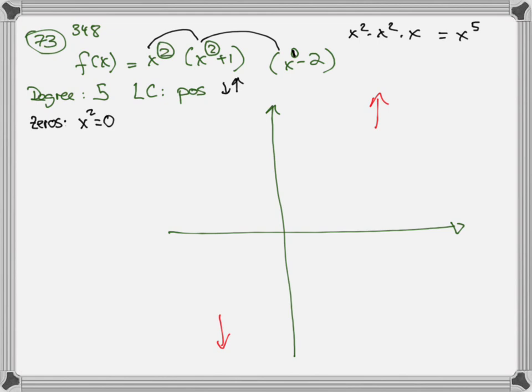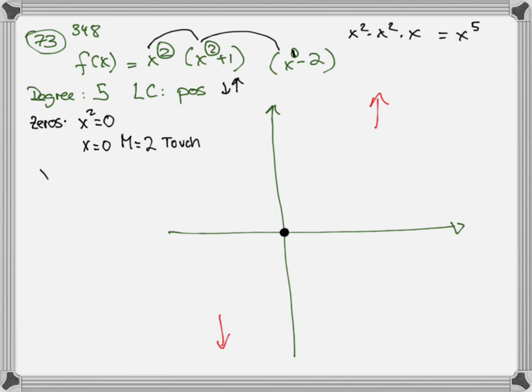If you set that equal to 0, you get x equals 0 with a multiplicity of 2. And when the multiplicity is 2, does it cross or touch? Touch. So there's some touching going on right here at 0.